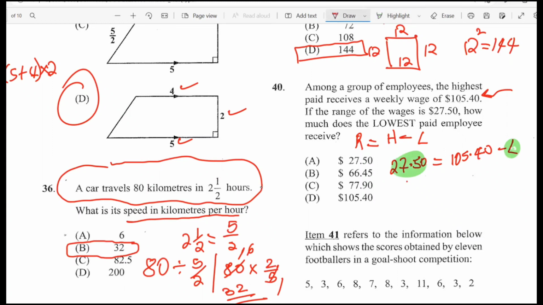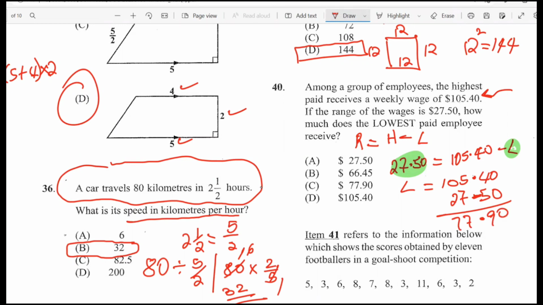So basically the lowest is equal to 105.40, and I'm going to take away 27.50. That's what we're saying. So if you do that, you're finding the lowest, and we're looking at $77.90.